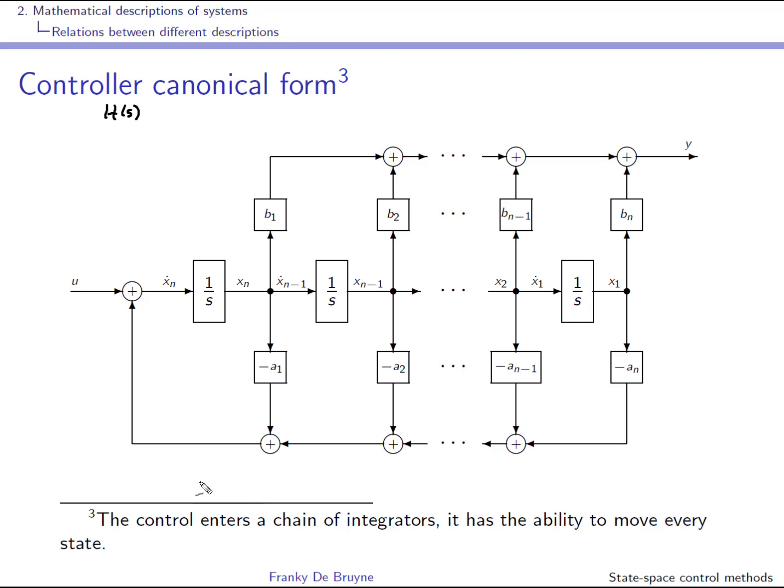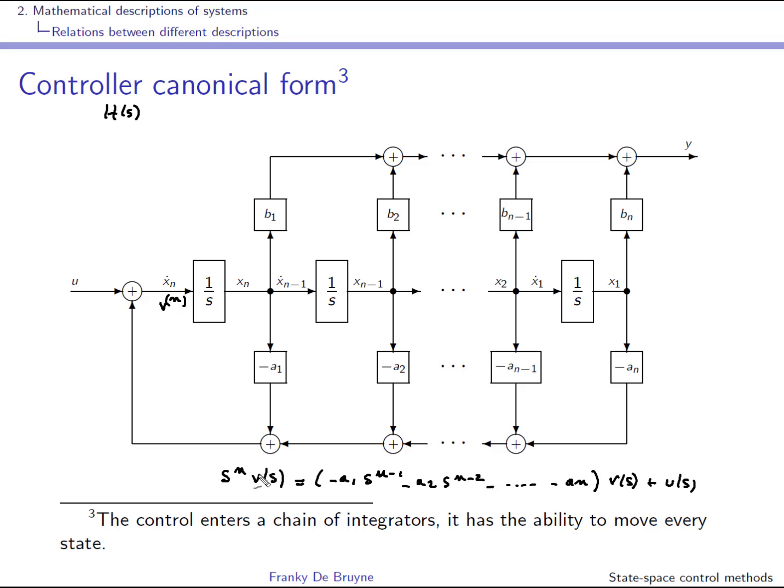Remember that we had seen that s^n v of s is equal to minus a1 s^(n-1) minus a2 s^(n-2) minus up to minus an, that's times v of s, plus u of s. So what you've got here is the nth derivative of v, right?